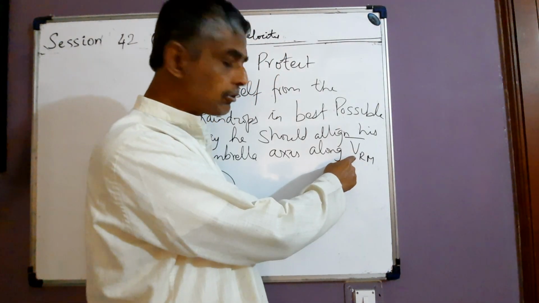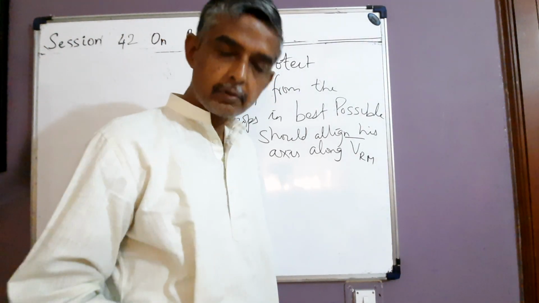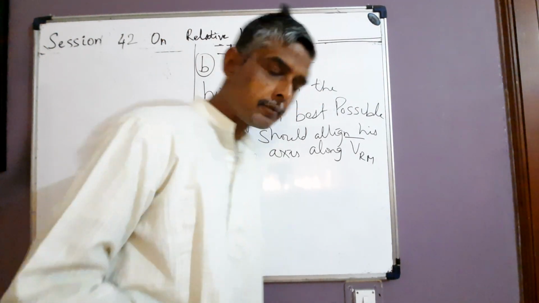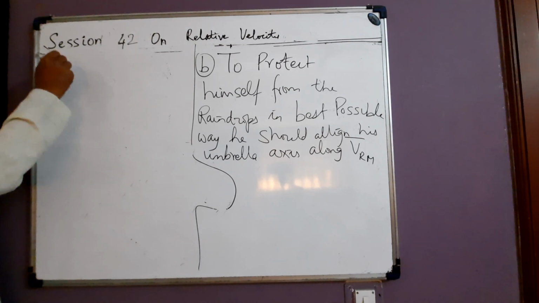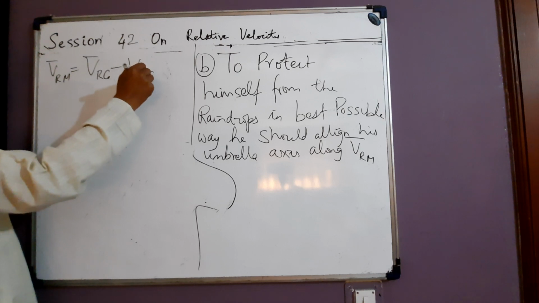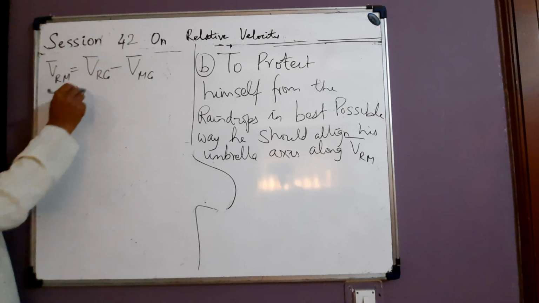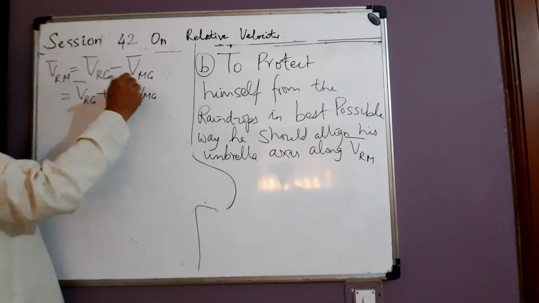From that we'll draw the arrow for VRM, and then using geometry we will find the angle which VRM makes with the vertical, and that is the required angle. As I just now wrote down, VRM is just equal to VRG minus VMG. This is just equal to VRG and reverse of VMG.